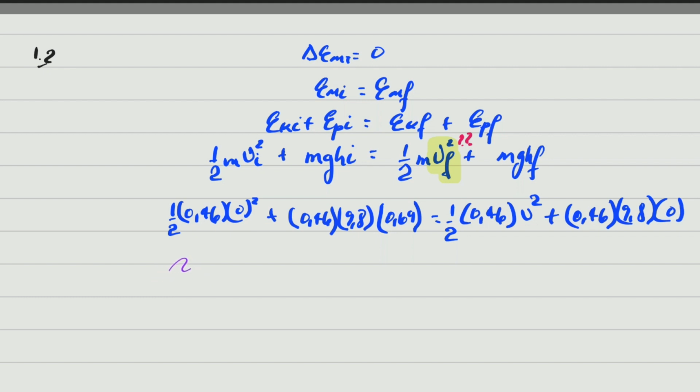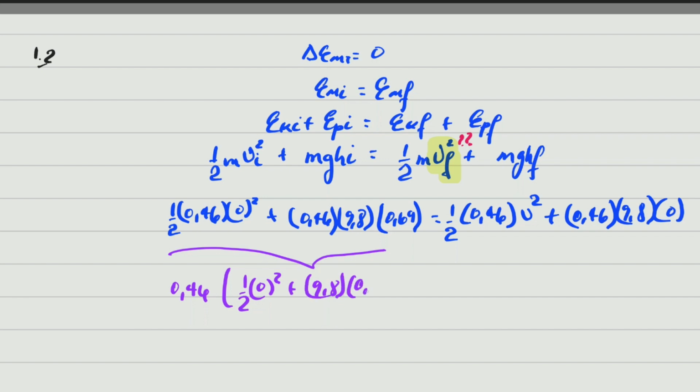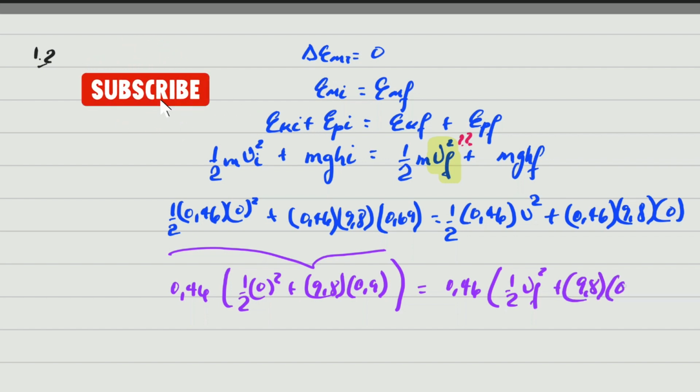So for instance, we can say that this is 0.46 open bracket half multiplied by 0 squared plus 9.8 multiplied by 0.69, and this is equal to, there is also a mass here, same mass, a common factor, 0.46 bracket half the final velocity squared plus 9.8 multiplied by 0.